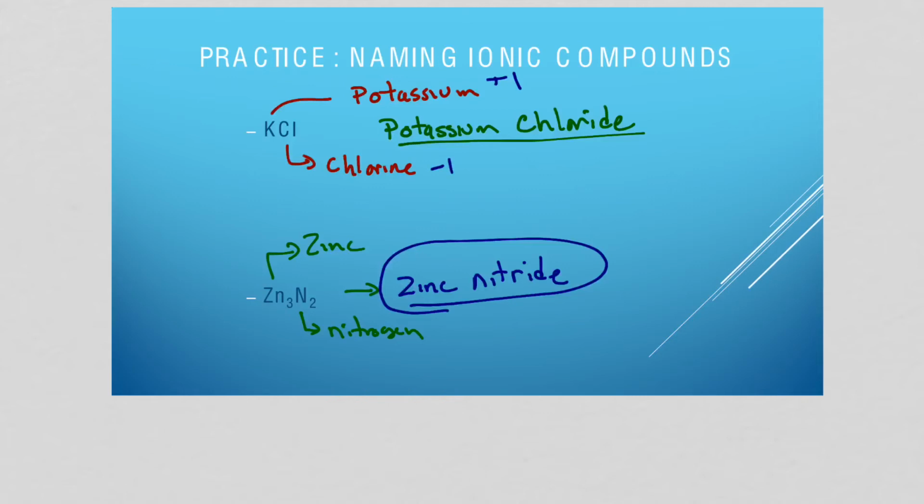Same thing with zinc, zinc forms a positive 2, nitrogen forms a negative 3, so they go together 3 zinc, 2 nitrogen to balance out the charge. So we don't need to write that in the name because the ions dictate how that's going to happen.